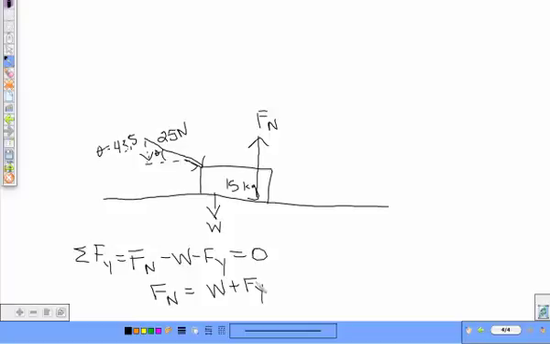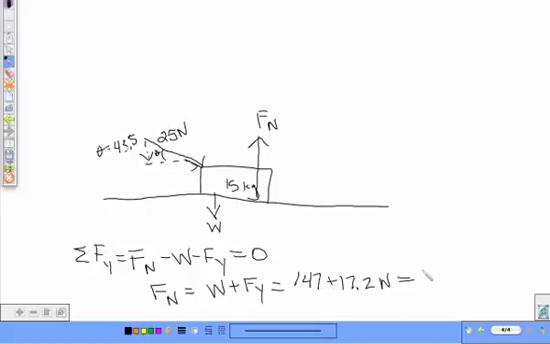I didn't calculate. 5 times the sine of 40.5. So did you get 17.2? 147.